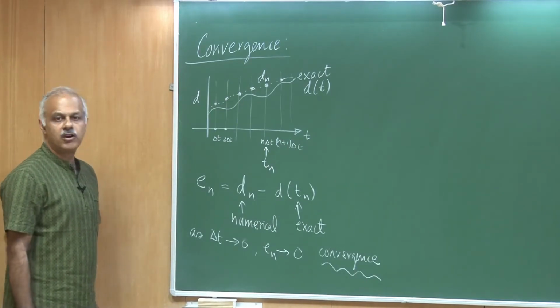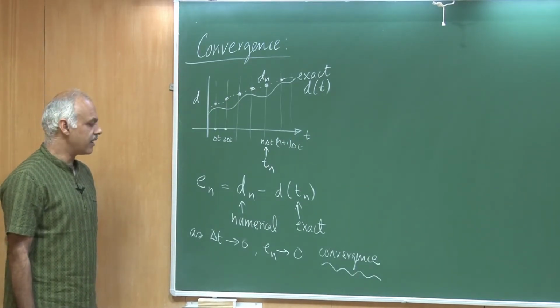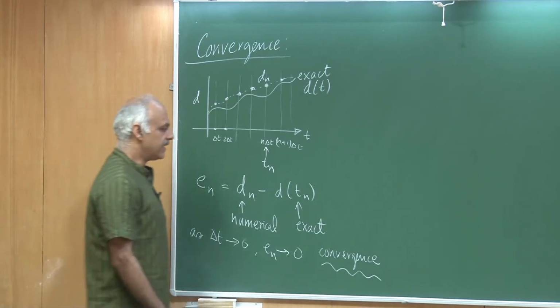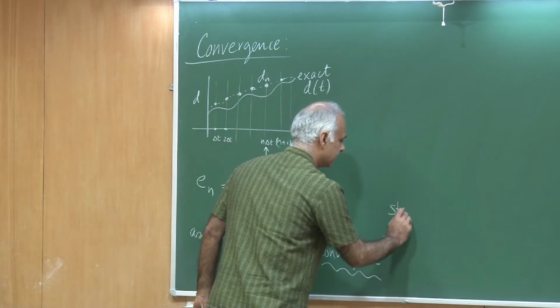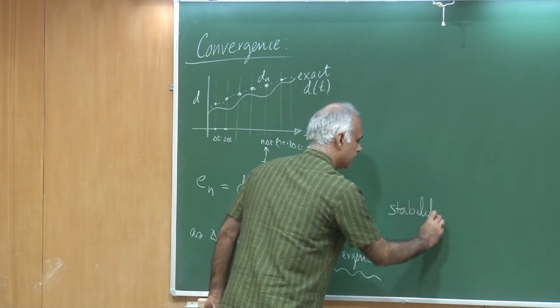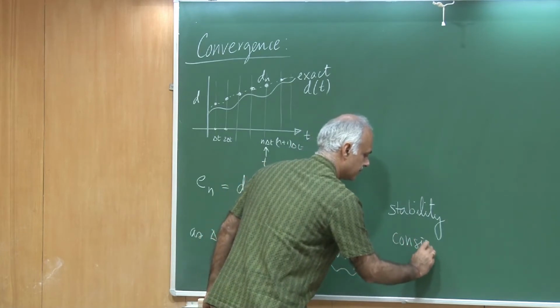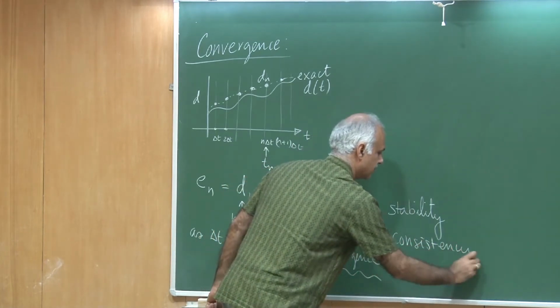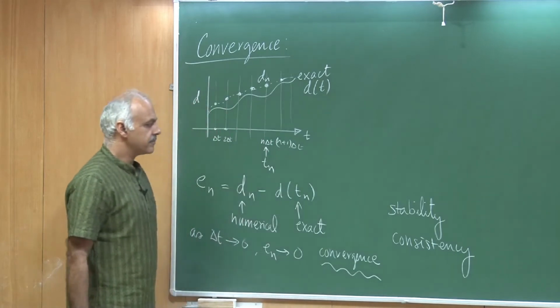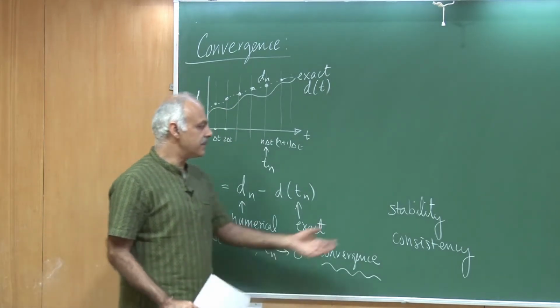There are two more concepts which are actually useful in looking at convergence, and they are stability and consistency. The idea of stability is the following.